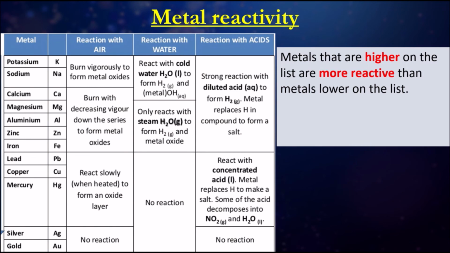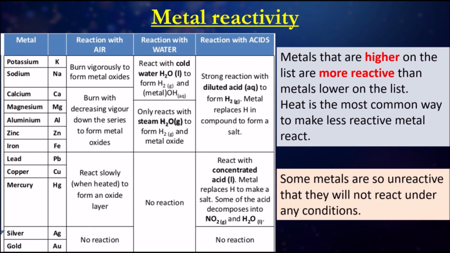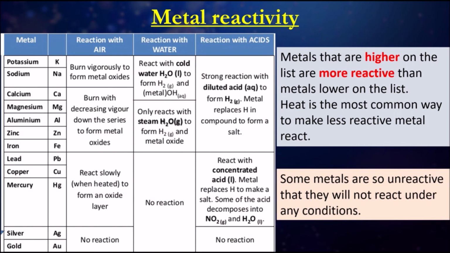So metals that are higher on this list are more reactive than the ones lower on this list. Heat is the most common way to make less reactive metals react. Some metals are so unreactive that they will not react under any conditions you do. Okay, so that's the key takeaway point there.